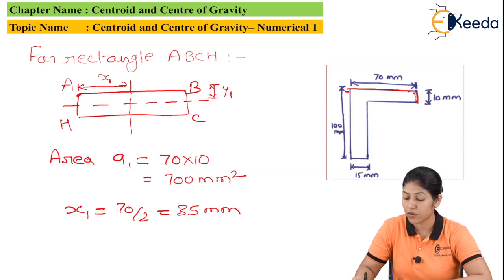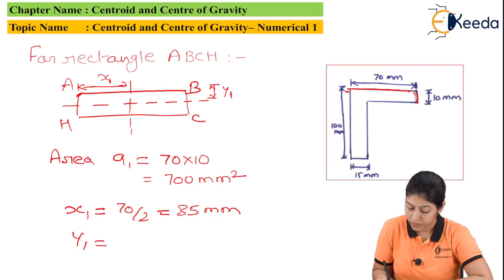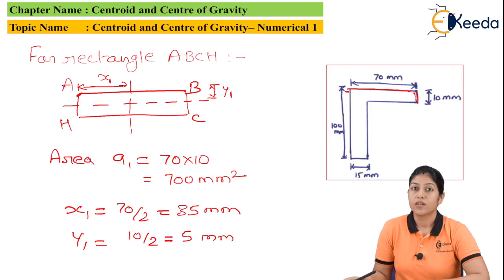So the dimension in the x direction divided by 2 will be the value of coordinate x, and the dimension along the y-axis divided by 2 will be the coordinate point along the y-axis. So x1 will be 35 mm, and y1 will be 5 mm. So here we have both the values x1 and y1 for the rectangle ABCH.